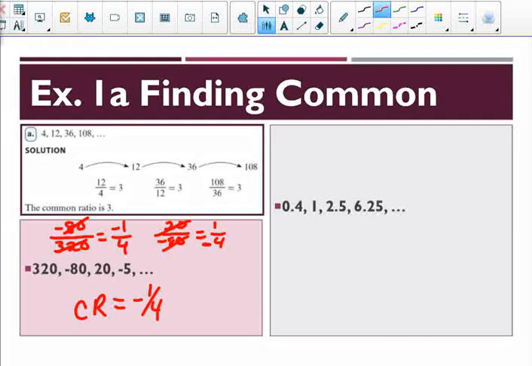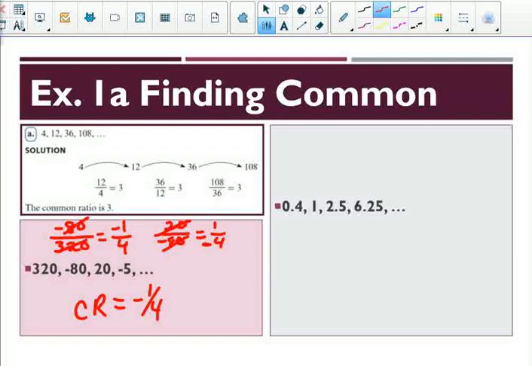The next example, the one in the gray box, we have 0.4, 1, 2.5, and then 6.25. You can keep them as decimals here, or you can change them to fractions to help you figure out what the common ratio would be. I'm going to use fractions.